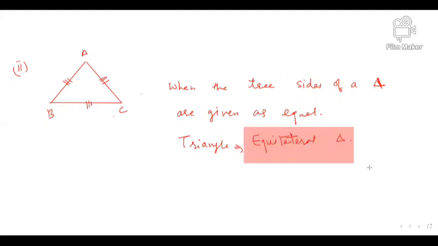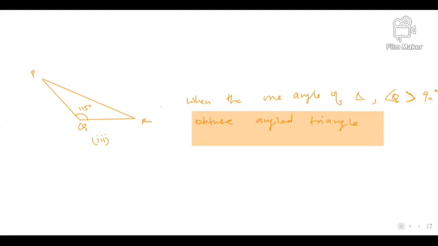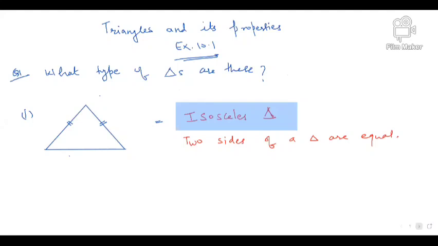In the one before, we would call it an isosceles triangle. I hope the first question is quite clear. Let's move to the second question.